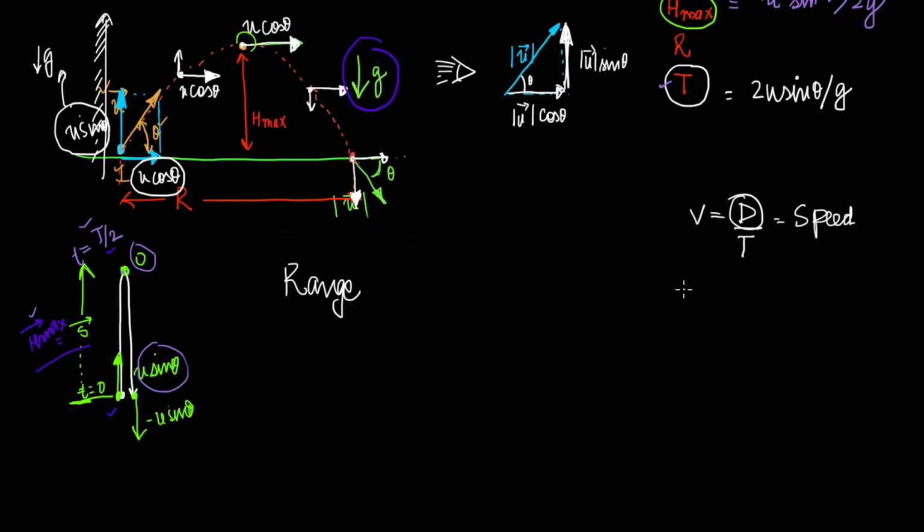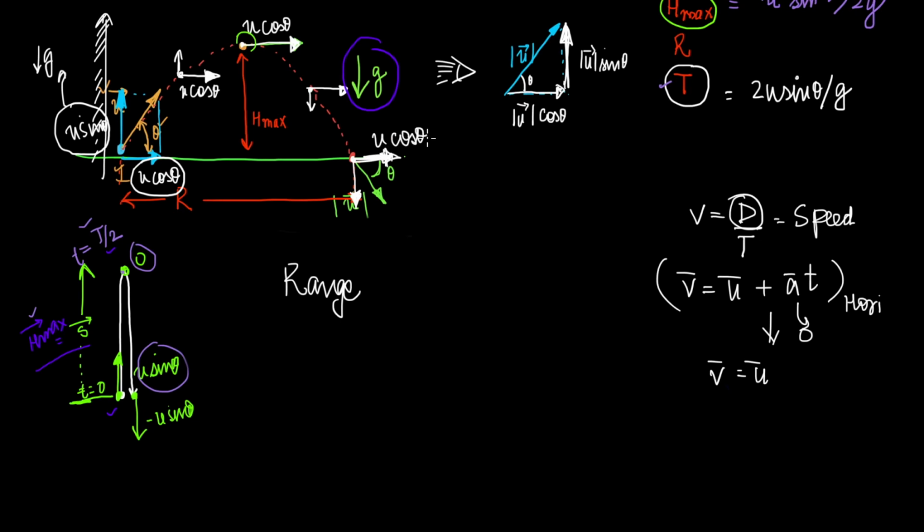The other way to think about this is, since we know one of the equations is v equals u plus a t, and we use it in the horizontal direction, a in the horizontal direction is 0, so you get v equals u. That means the horizontal component would be u cosine theta, all right?